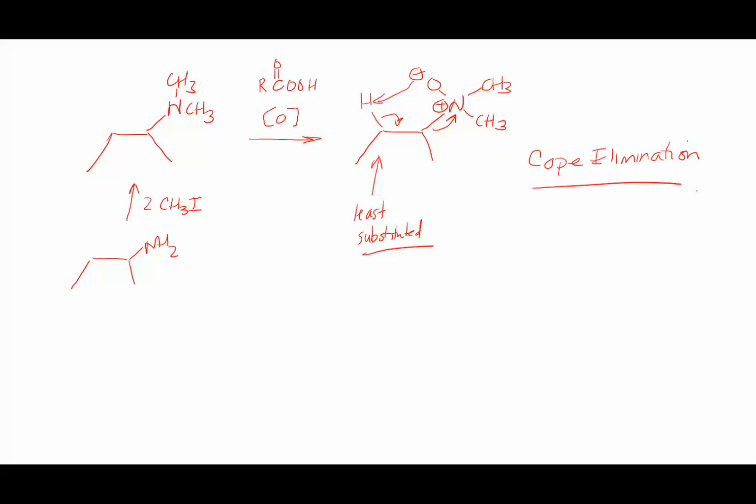So Cope and Hofmann elimination each give us the opportunity to form the least substituted double bond. But when we get into the details of stereochemistry, we're going to find that when I lose the hydrogen and the N+ anti-periplanar, that's a different E/Z product than if I lose the hydrogen and the amine oxide.